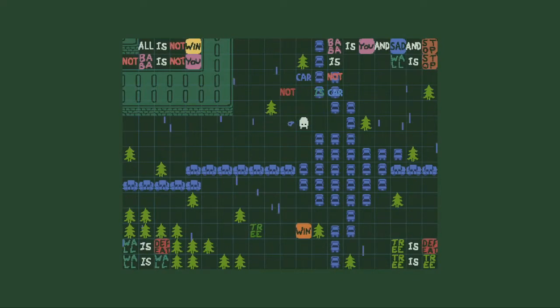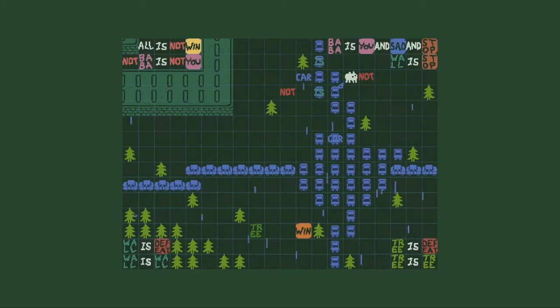That's nice, because I'll be able to say car is Baba, which means all of them will turn into Babas. Which means if I had not wall is stop, then the Babas would be stop, but that's fine.